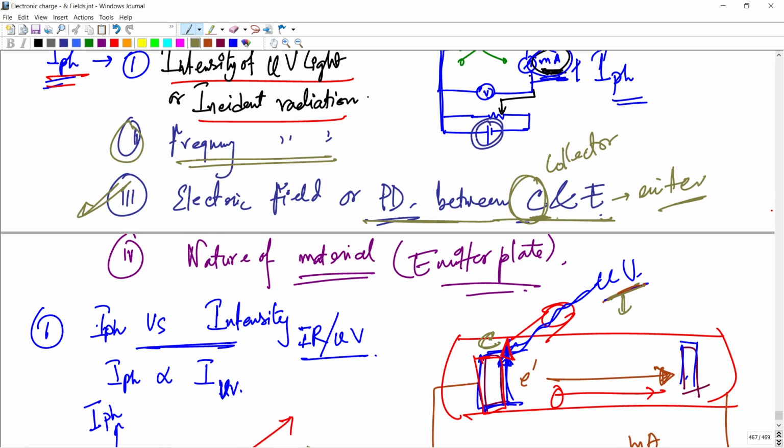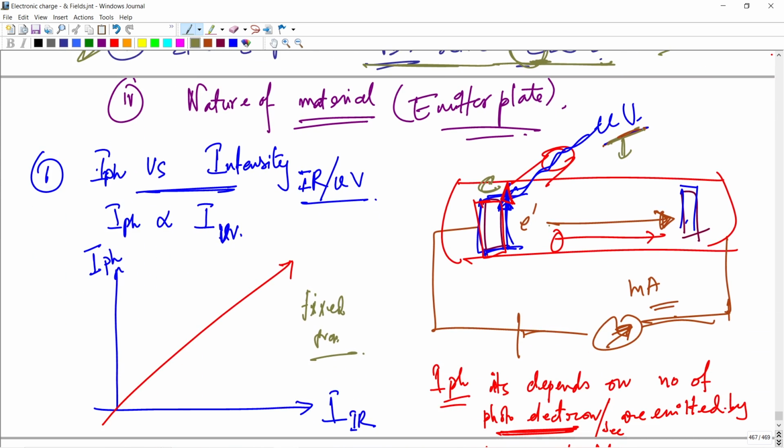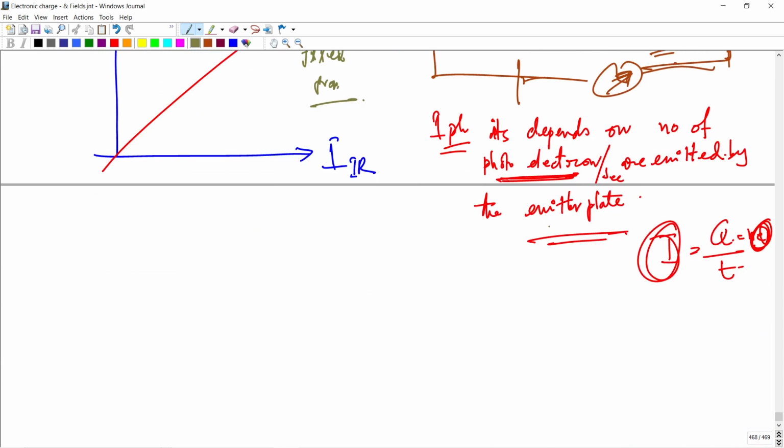Now I apply some potential difference. Number 3 here: photocurrent versus potential between the emitter plate and the collector plate.